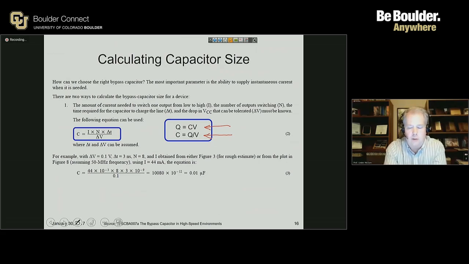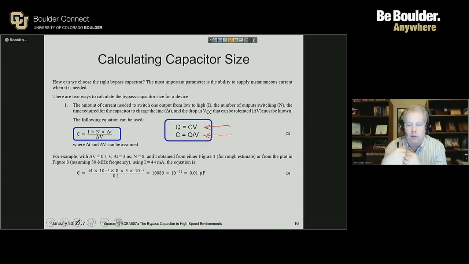In this example, the letter I represents how much current is needed for one output to switch from low to high. When it switches from low to high, a large boost of current is needed to charge up the line capacitance and get it up to the high voltage level.